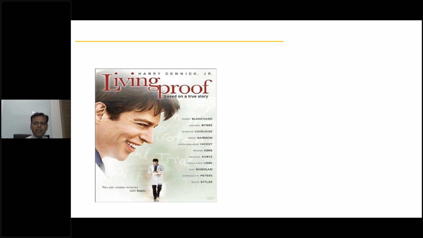This movie beautifully depicts his struggle and his sticking to what he wanted. As I mentioned, you have to get what you want. There is no one who can stop you from getting what you want. This movie depicts the same thing, that nothing stops you from getting what you want if you put in your best efforts.